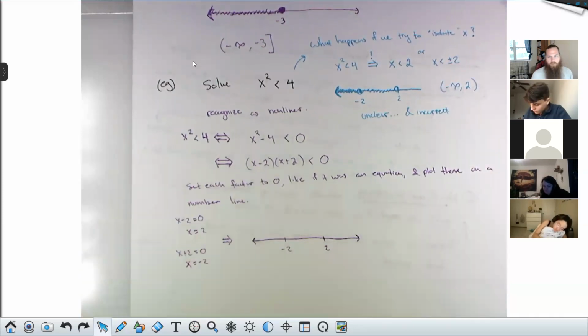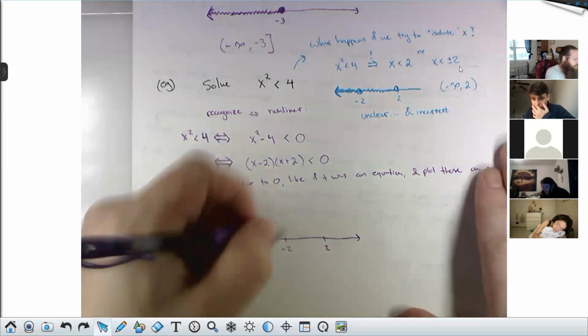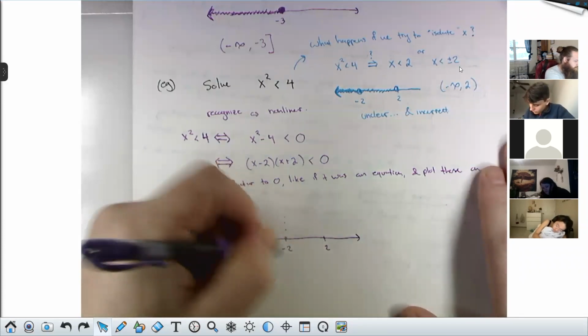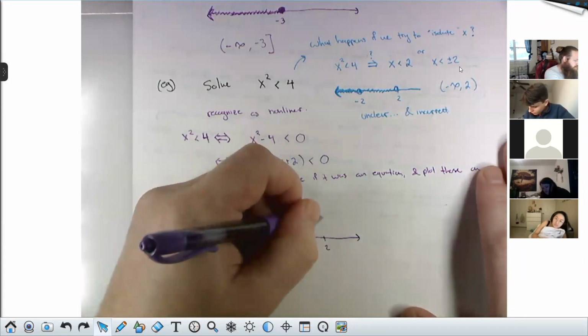But the solution is not x is less than plus or minus 2. That doesn't make sense. What we do from here is observe that this splits the number line up into some regions.